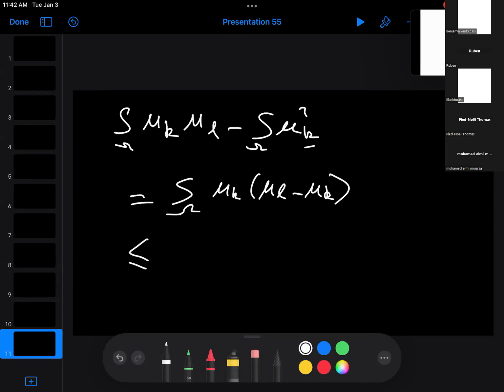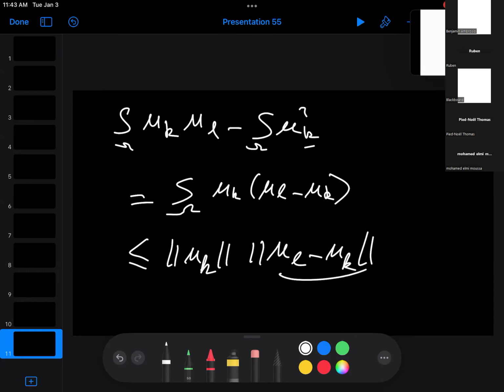And so therefore it's less than the norm of UK times the norm of UL minus UK. But I know that the sequence converges in L2. So this is as close to 0 as I want.